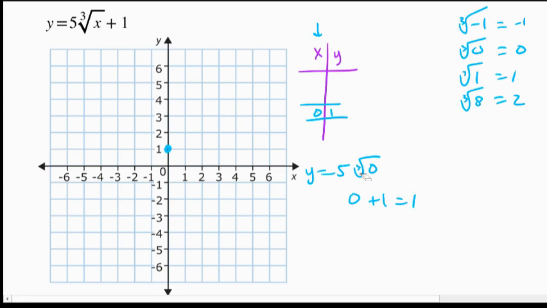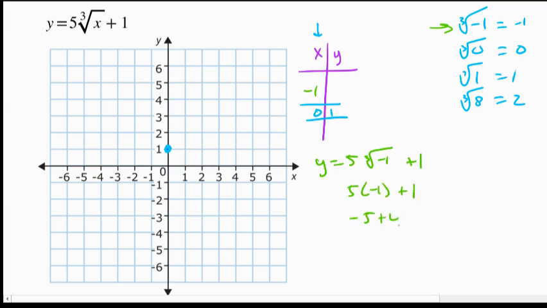Second point, I want to get to a cube root of -1, so I'm going to plug in -1. So y equals 5 times the cube root of -1, which is 5 times -1, which ends up getting us... is that right?